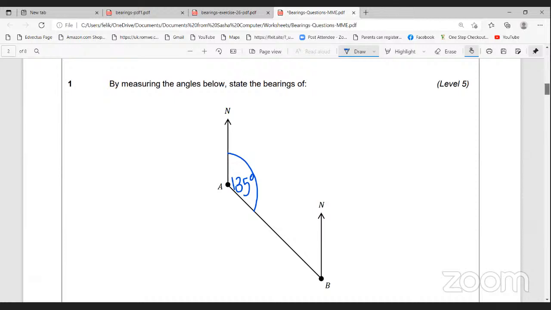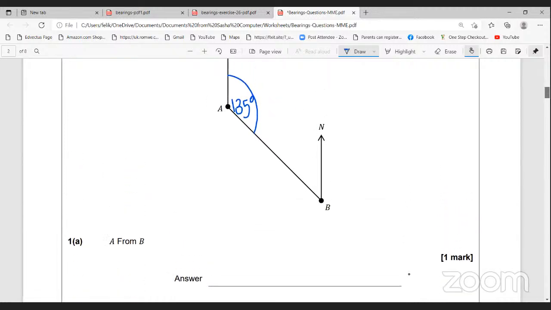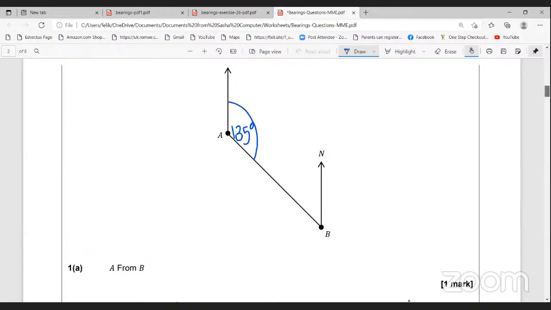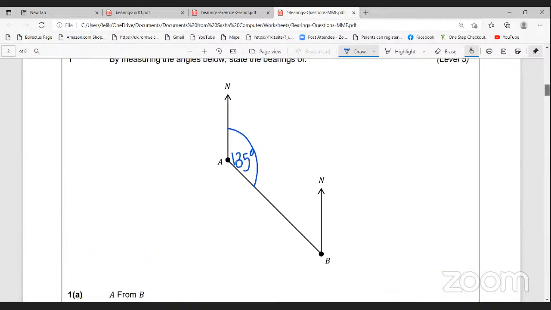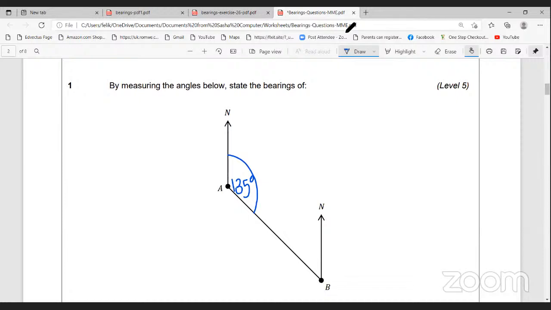So we're going to state the bearing, and the first one is the bearing of A from B. Let me write that out as a proper question so that you see the question in one go rather than in pieces.